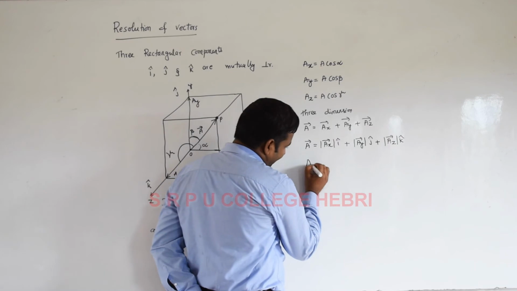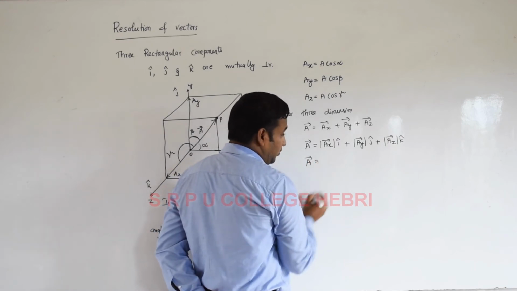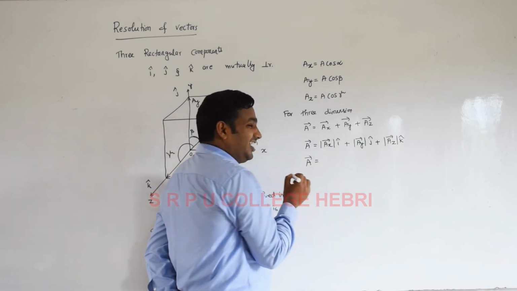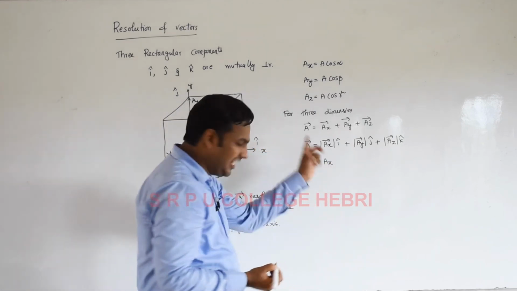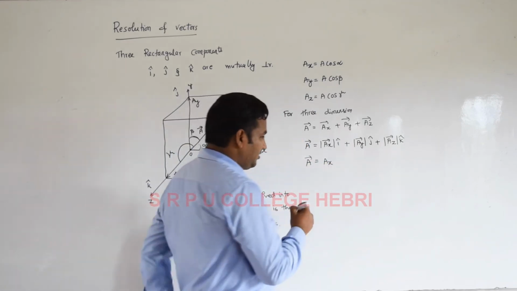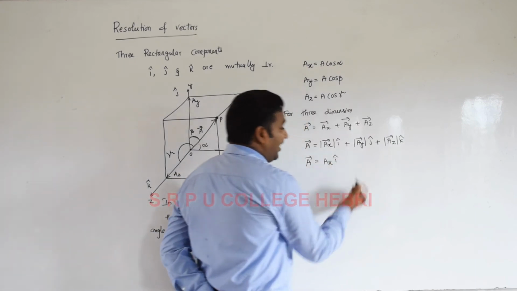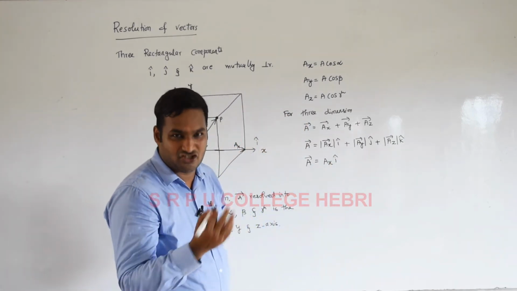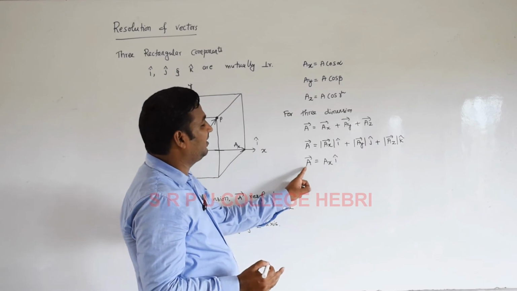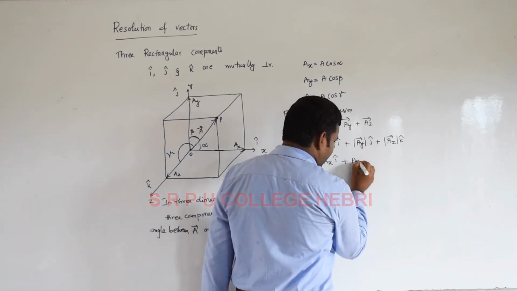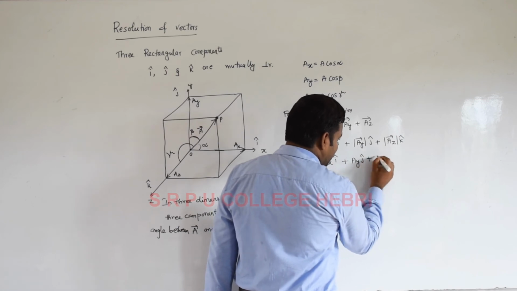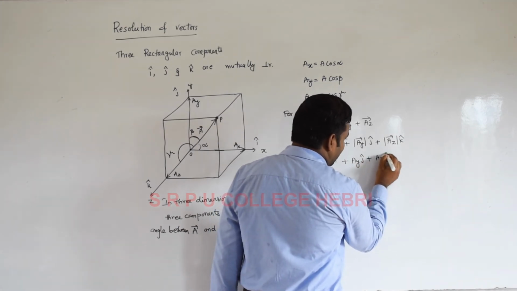This one we can write as vector A is equal to the magnitude of vector ax, we can write it like ax itself, only a value, it is a number, the component, into i cap along which axis? The x-axis. Plus ay into j cap, plus az into k cap.